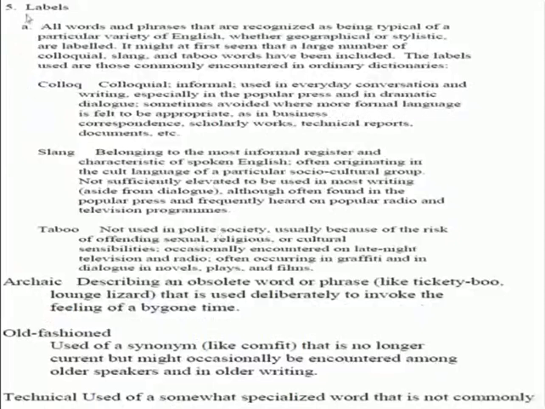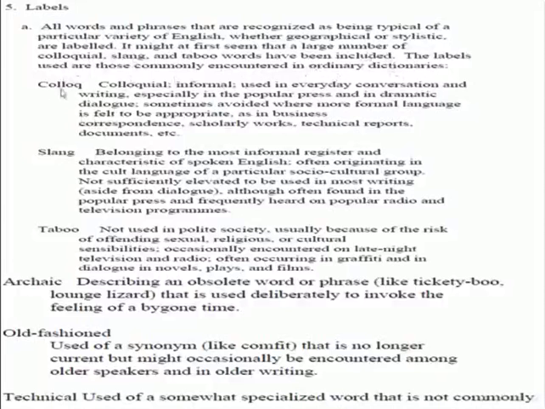Number 5, labels. A. All words and phrases that are recognized as being typical of a particular variety of English, whether geographical or stylistic, are labeled. It might at first seem that a large number of colloquial, slang, and taboo words have been included. The labels used are those commonly encountered in ordinary dictionaries.